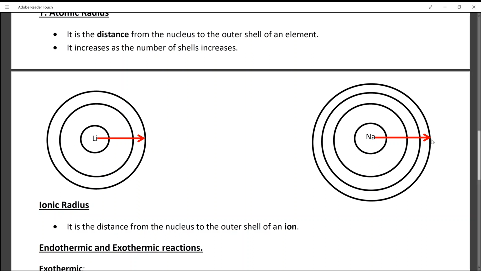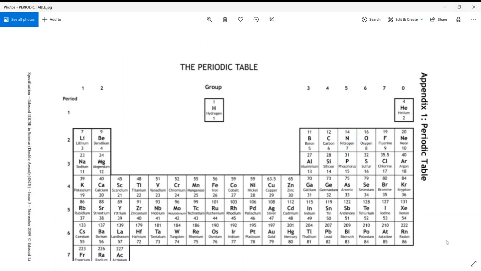But in sodium here, the outer shell is here. It is further away from the sodium. So the attraction between the nucleus and the electron is weaker. I hope that this is clear for you because it is very important.